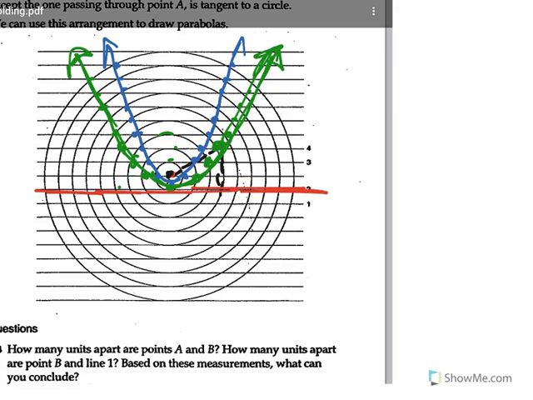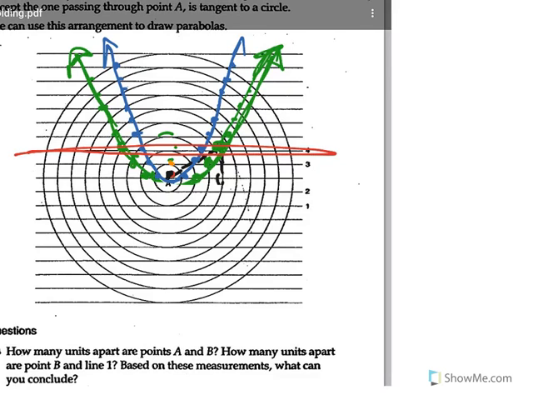If the directrix is above the focus, like if I want to use line number 4 as my directrix, it's going to become basically an upside down parabola, something like that. So the focus can be below, and you could even have diagonal directrices and things like that, but for now they're just horizontal lines.